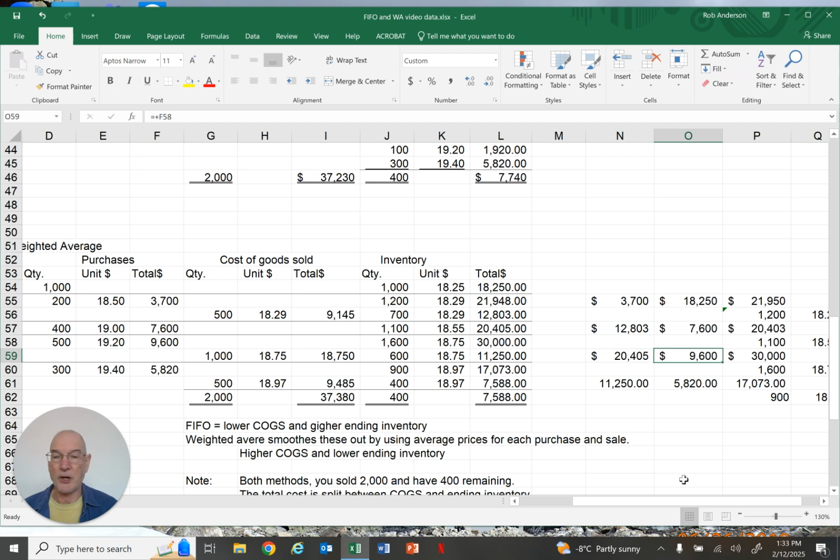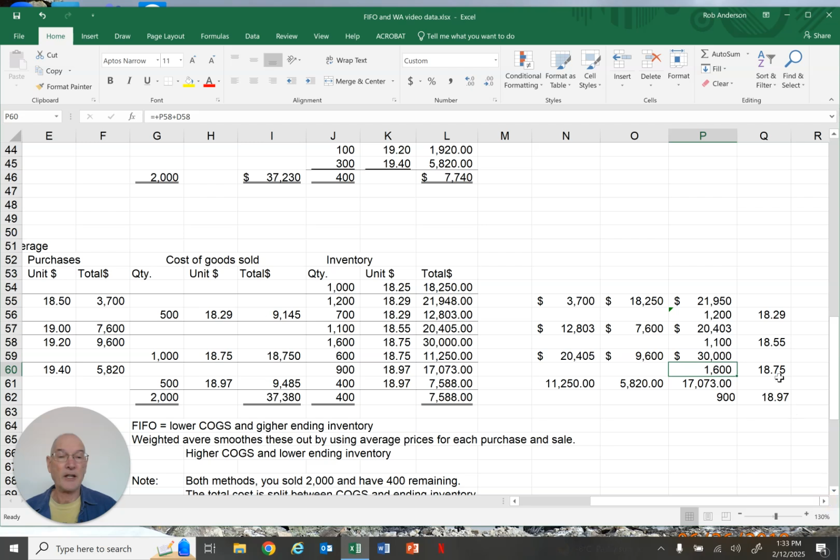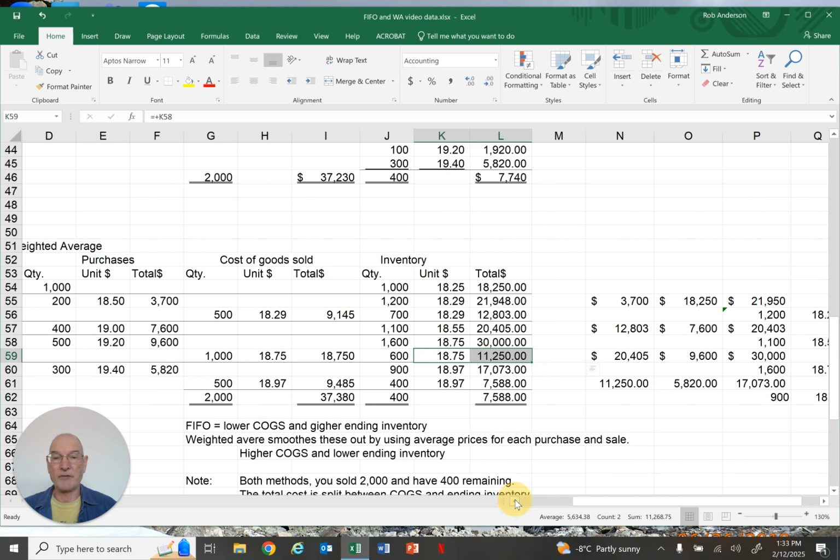I can add the new purchase of 9,600 to get $30,000 altogether. And we used to have 1,100 units and we bought 500. So now we have 1,600 divided out, and we get 18.75. So here is our moving weighted average price, $18.75 each.